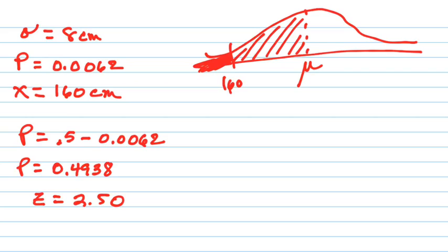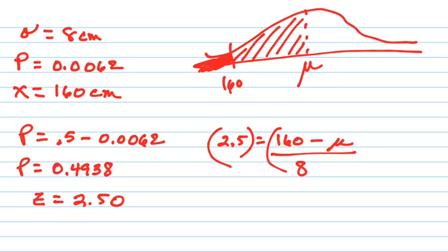Now, do I have enough information to do the math now? Sure. 2.5 is my z-score. What is my x value? Minus, what's my mean? Don't know. Over, what's my standard deviation? 8. Again, we'll clear the fractions by multiplying both sides by the 8.